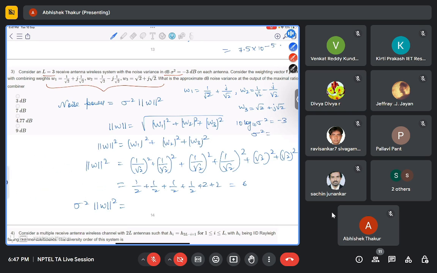So sigma square is equal to 10 to the power of minus 0.3, so it will be 1 by 10 to the power of 0.3. Because 10 to the power of 0.3 is approximately equal to 2, this value will be half. So this will become half into 6, which is equal to 3. So now the noise power is 3.